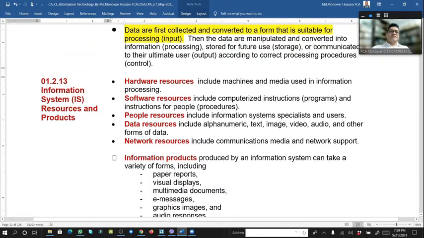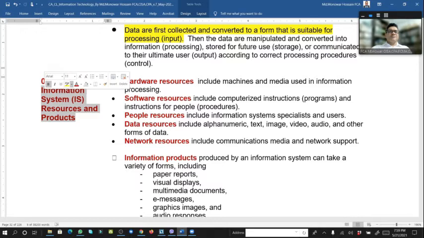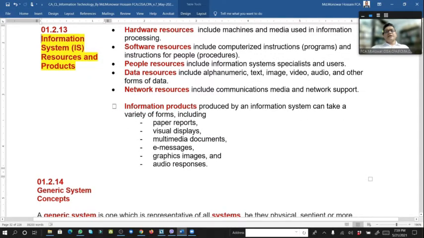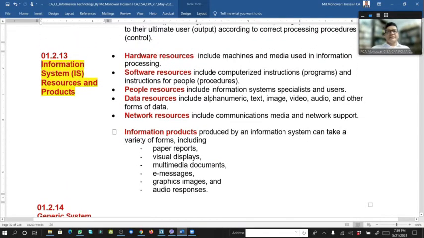So for information system resources and products, we have seen previously there are 5 resources: hardware resource, software resource, people resource, data resource, network resource, and from that type of resource we produce products or finished goods.